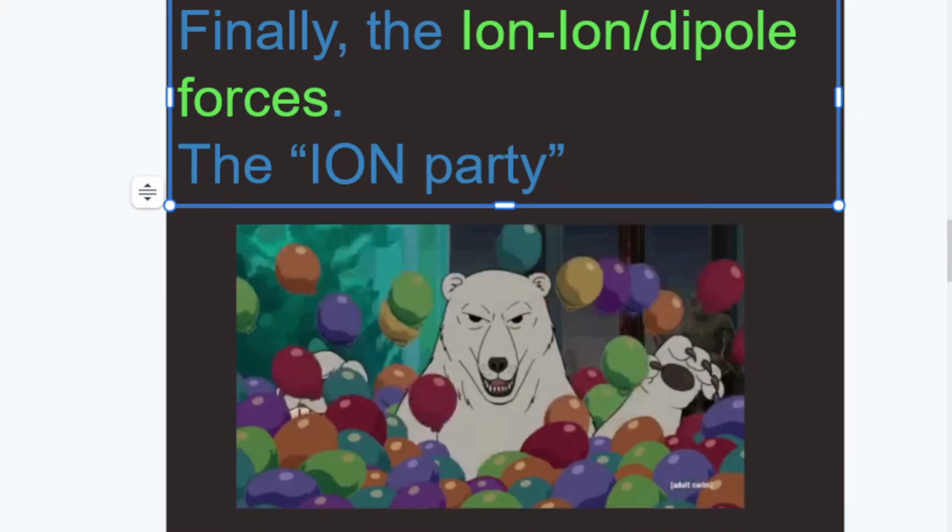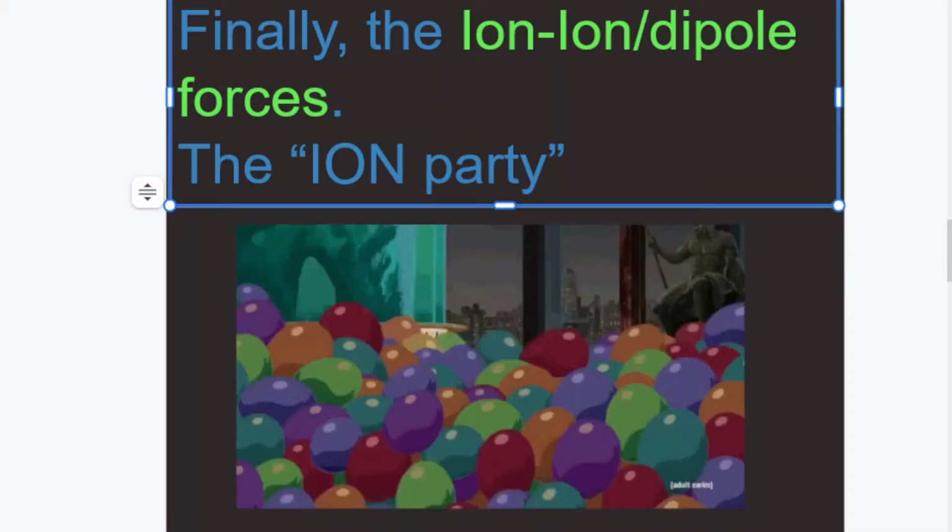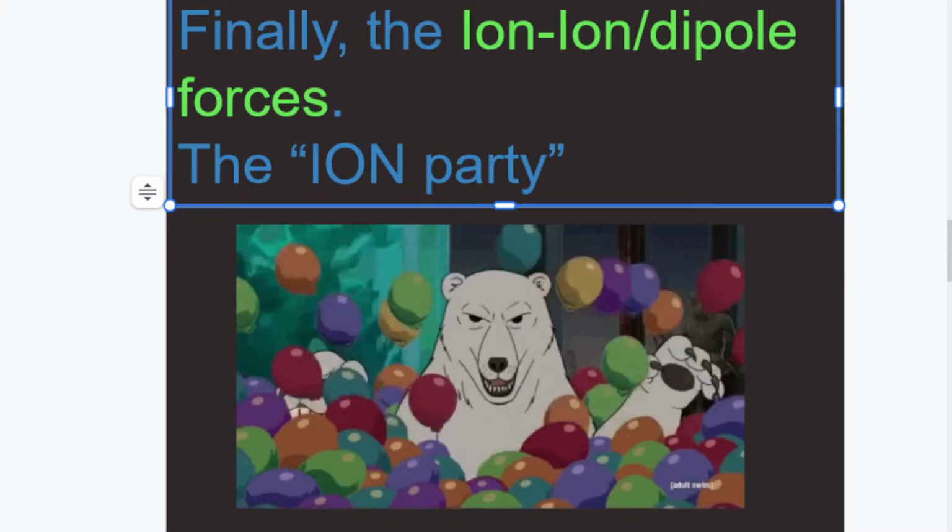And I think it will be important to show where I'm kind of approximating these forces on the scale.